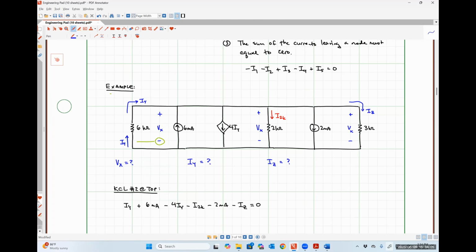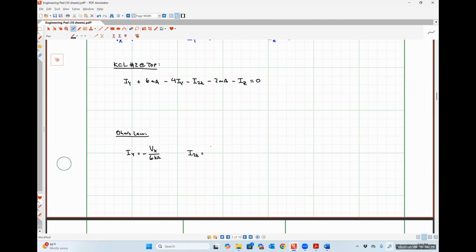So how are we going to express that current I2k in terms of Vx? Should it not just be Vx over 2 kilo ohms? Yeah, Vx over 2 kilo ohms, absolutely right.